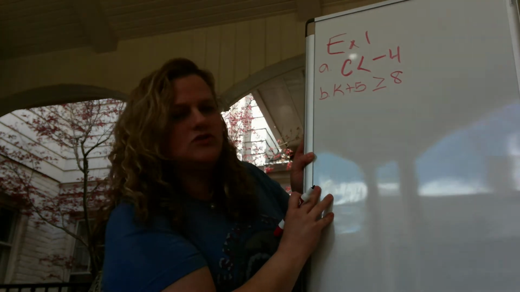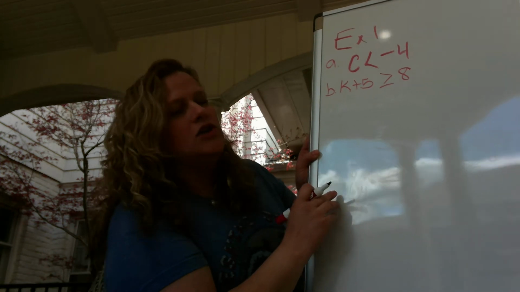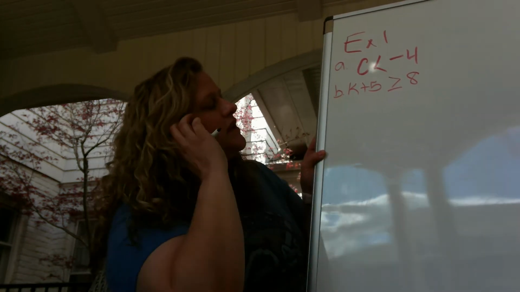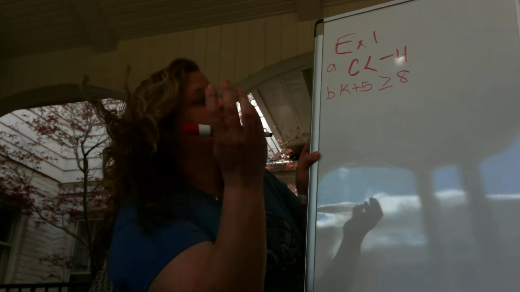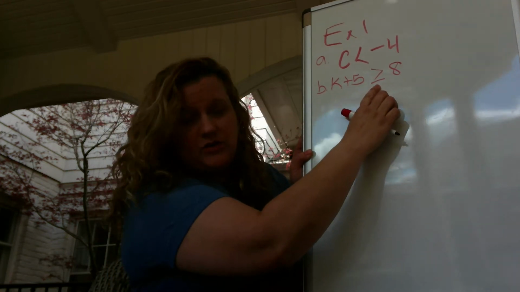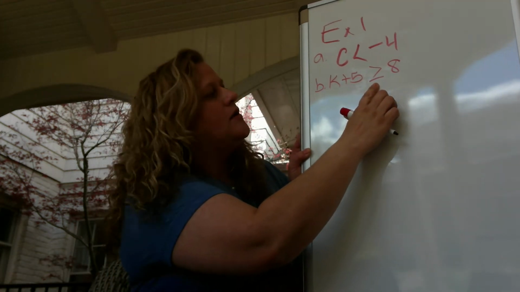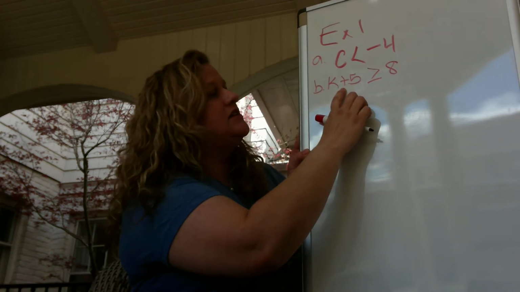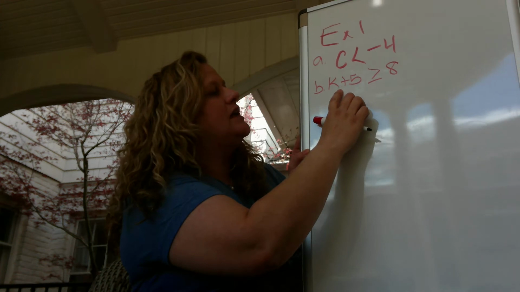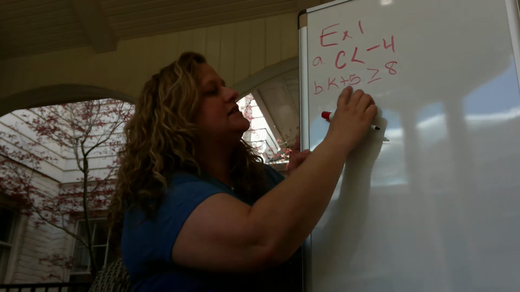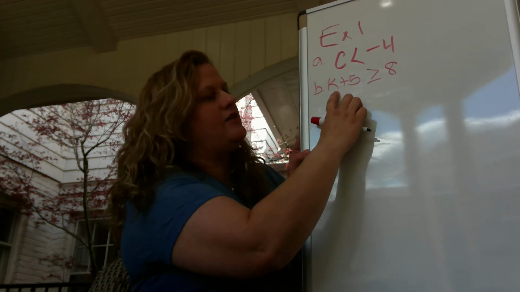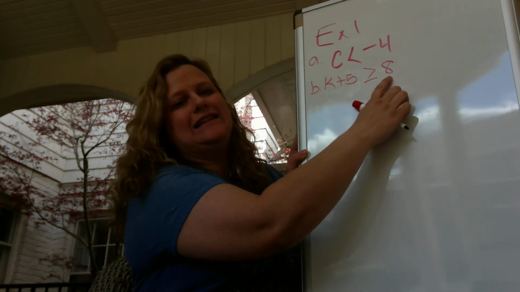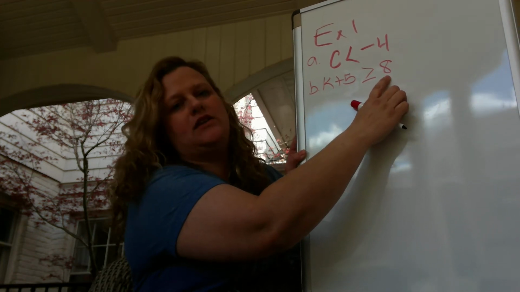K plus 5 is greater than or equal to 8. So your options would be k plus 5 could equal 8 because it's greater than or equal to. But it could also be 9, 10, 11. So anything that would make this expression on the left be at least 8 or bigger than 8 would work.